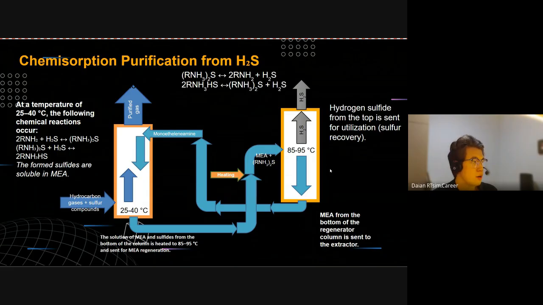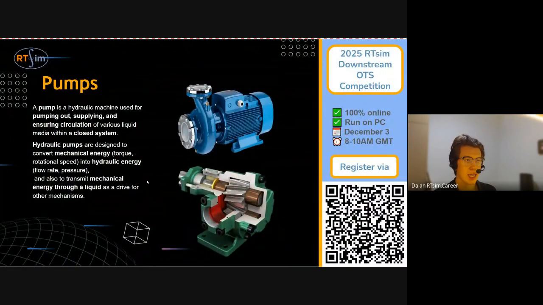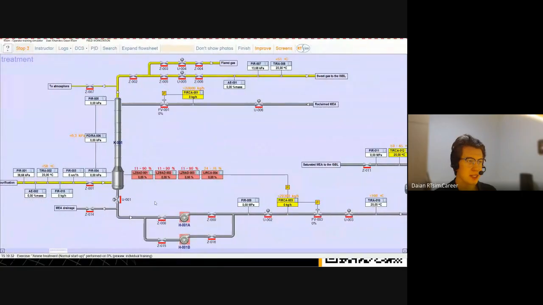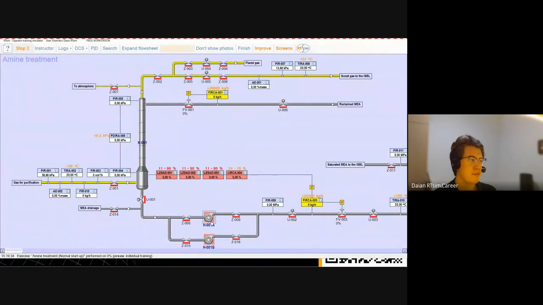So this is the basic scheme of our chemical cleaning, and the second type of equipment we can see on our scheme is the pumps.